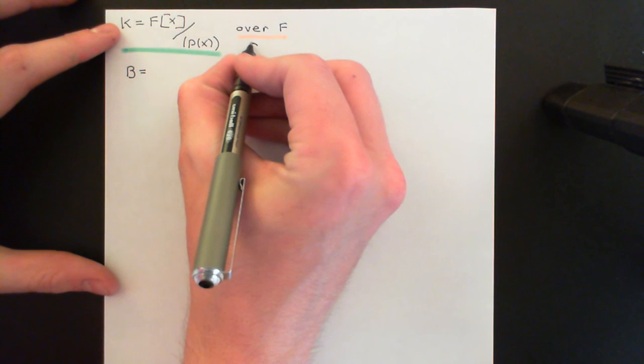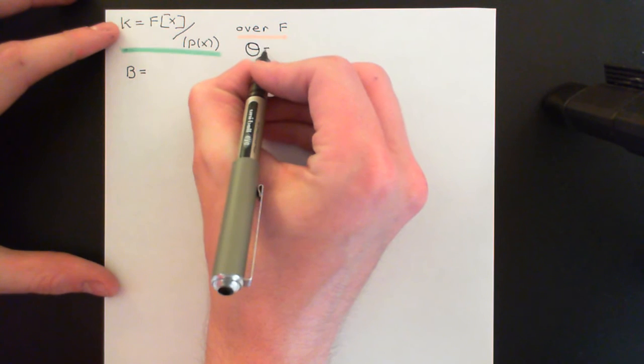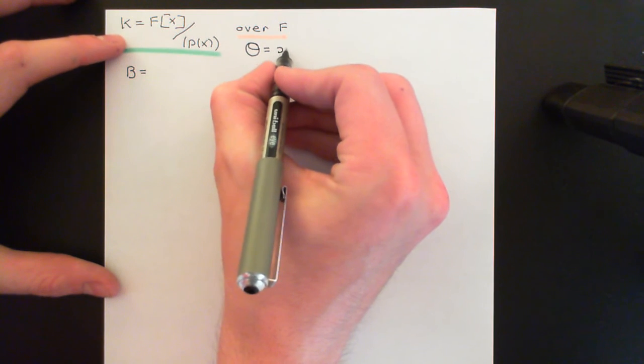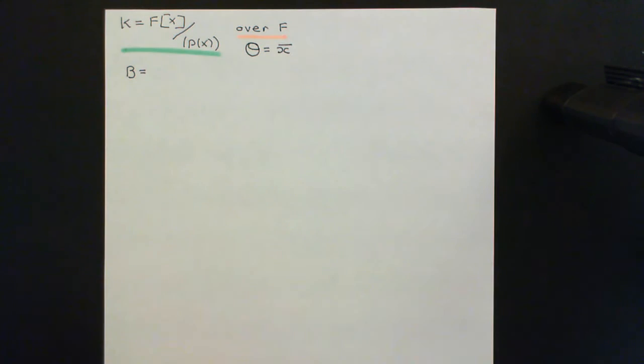I'm going to use the symbol theta to represent one of the cosets in here. It's going to be the coset that contains the polynomial x. The polynomial x is a polynomial in the ring of polynomials over the field, where you've got a 1 in front of x to the power of 1 and zeros in front of all the other powers of x.